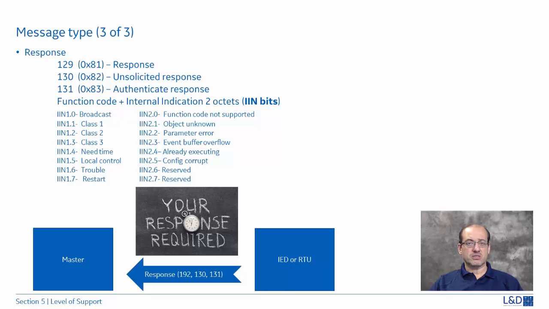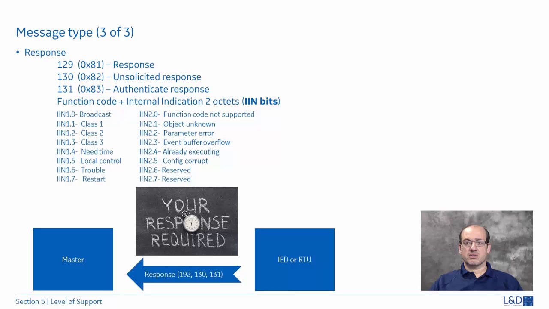Now, every message has the IIN bits, or the internal indications bits, and those internal indication bits are basically 2 octets, as you can see in the picture. Each bit in those 2 octets has a meaning.